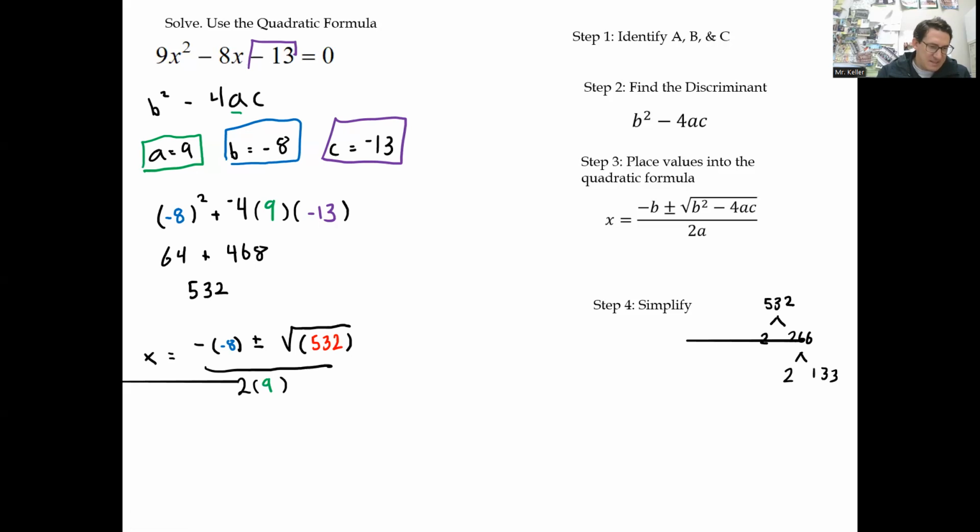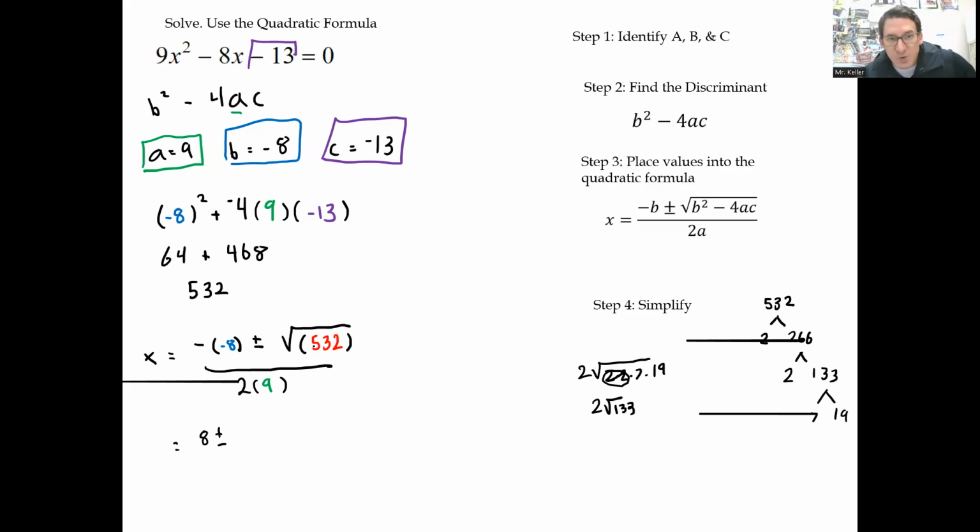Divide that by 7, so that's then 7 and 19. So 532 is 2 times 2 times 7 times 19. I have a pair of 2's, so 1 on the outside. So that's going to simplify to 2 times √133. Here, a -8 is a +8, plus or minus.